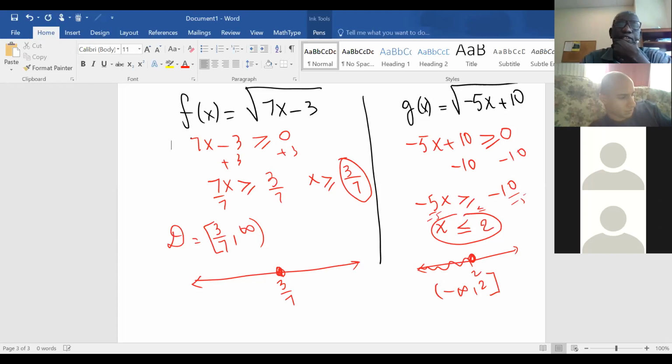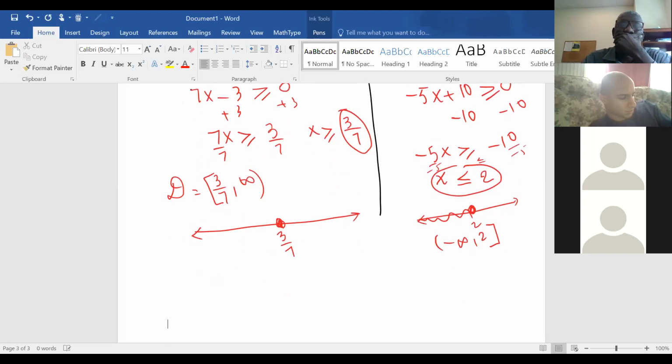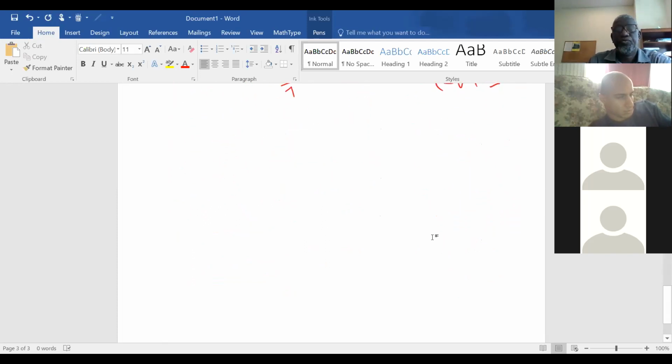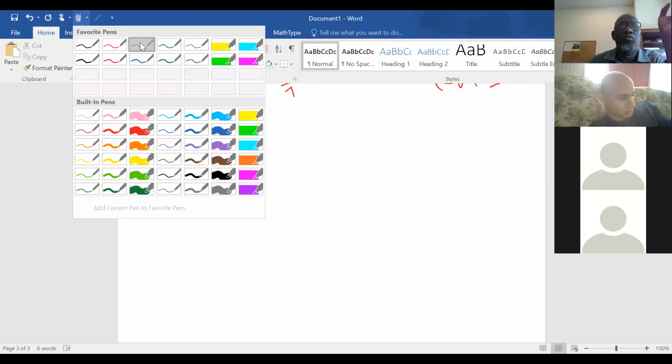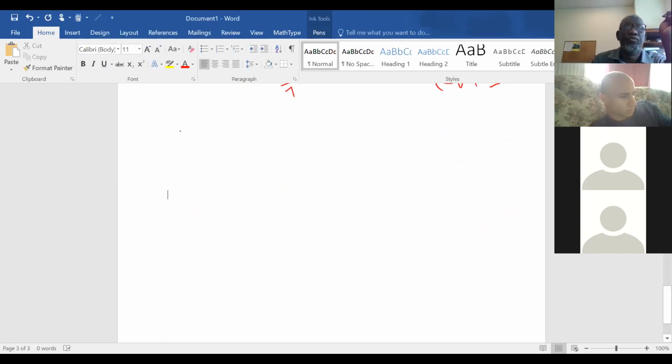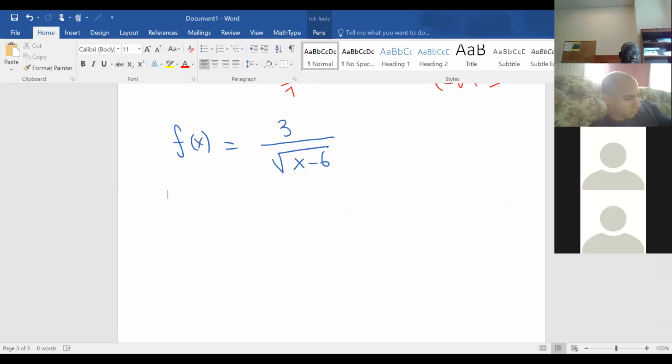Okay. So now if you have this right here, what inequality do we have to set to get the domain? x minus 6 greater than 0.